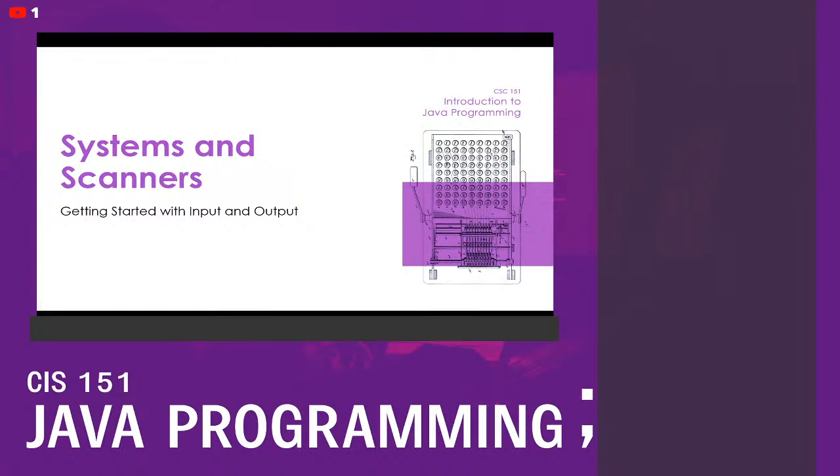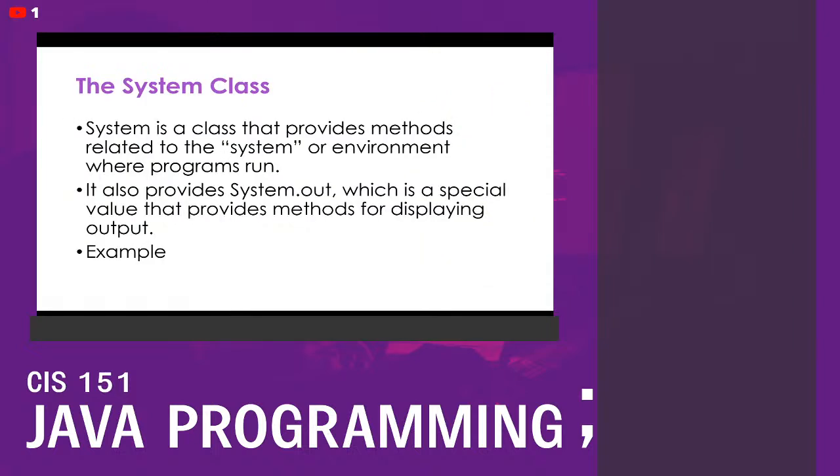As we approach this, we should start off by talking about our system class, because we've been using this system class, but we don't really know what it does or what it is on a theoretical level. When we see a word with a capital letter starting it off in Java, that typically means it's related to some sort of class.